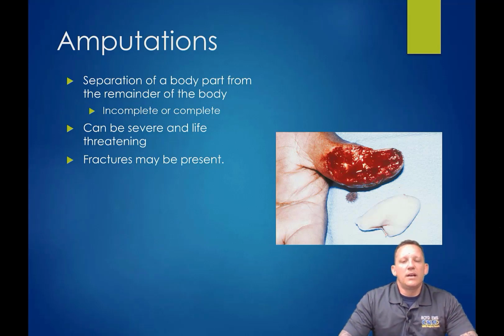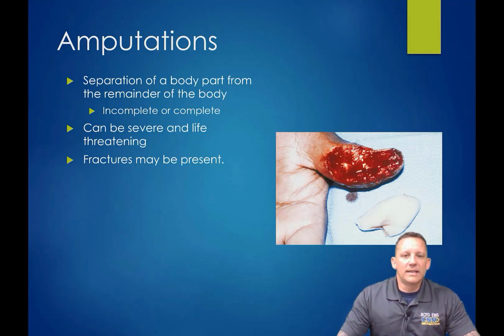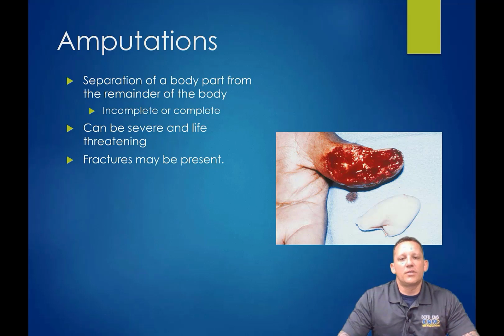Now, for the most part, most amputations are obviously life-threatening overall, but a person who perhaps loses a finger is not ultimately looking like they're going to die in front of you while this is happening. The potential for infection and things like that are obviously tremendous.